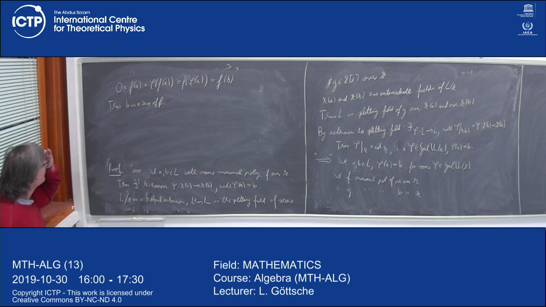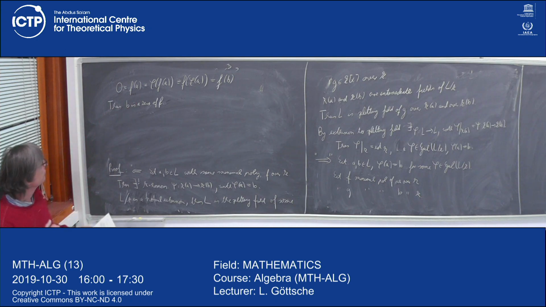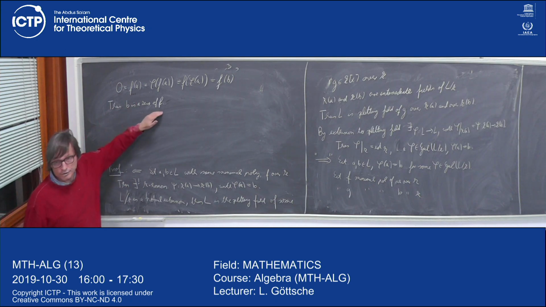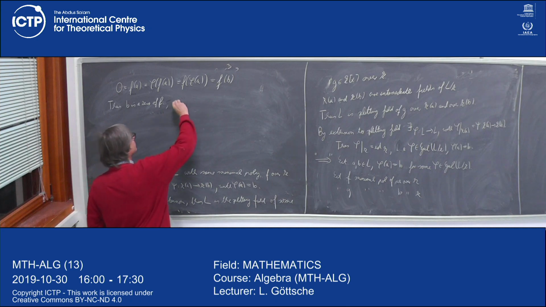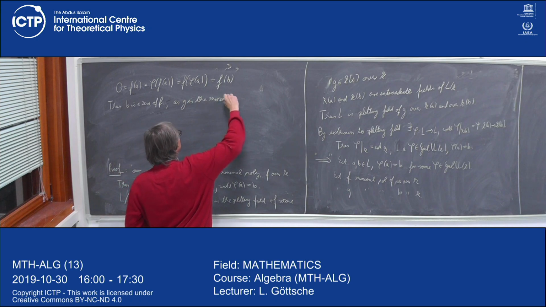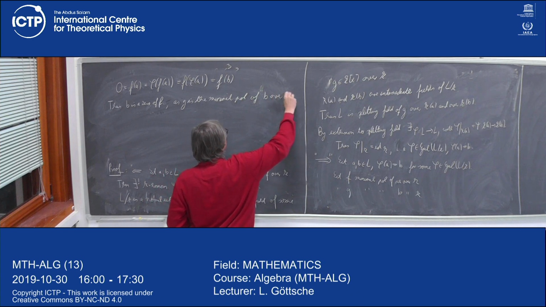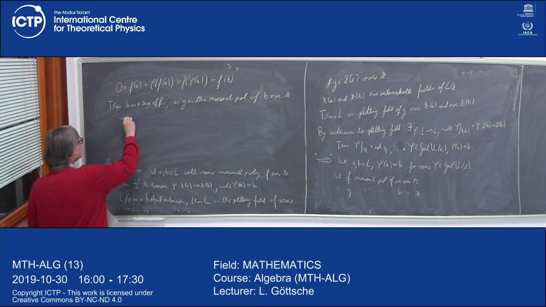So B is also a 0 of f, but g is the minimal polynomial of B over K. It follows that g divides f.